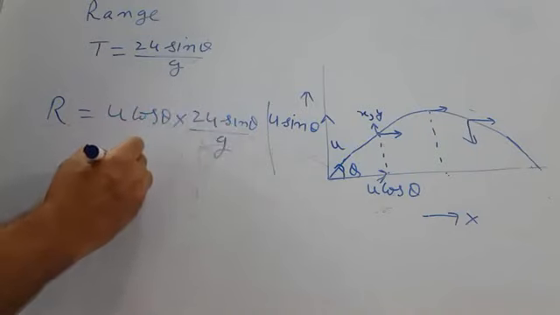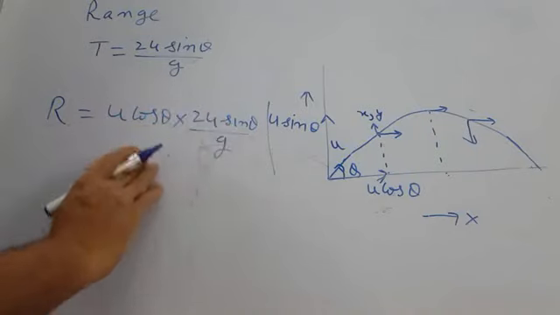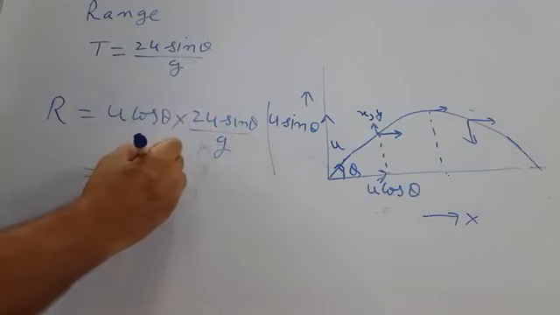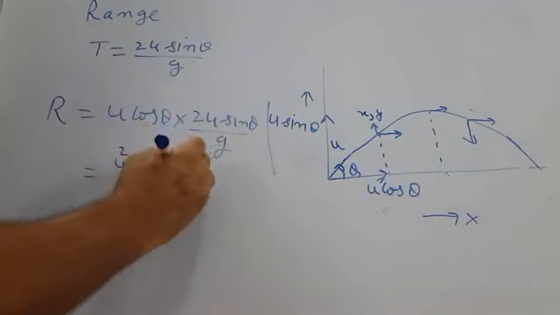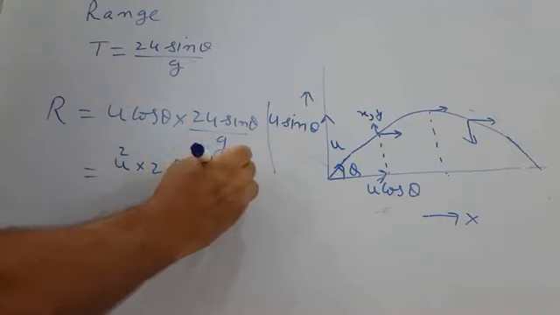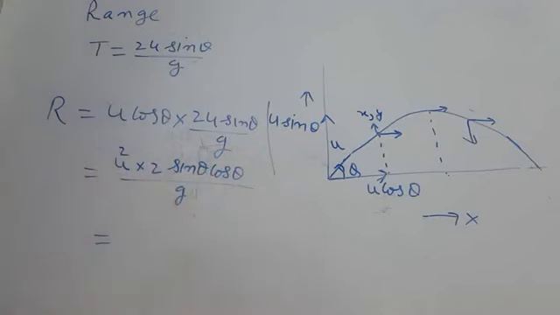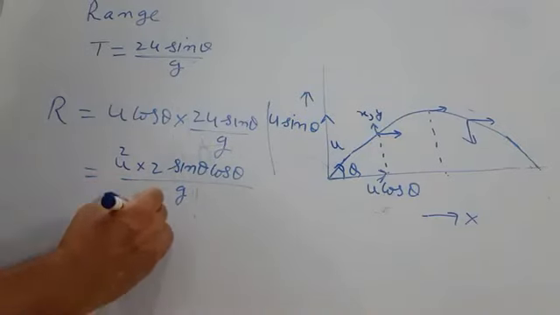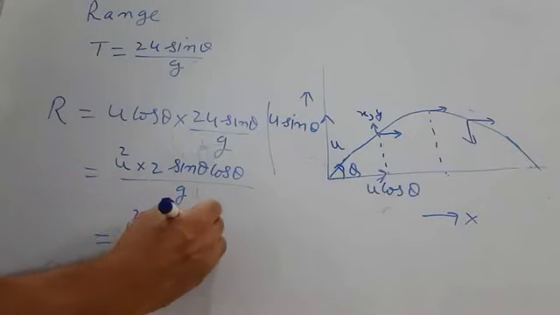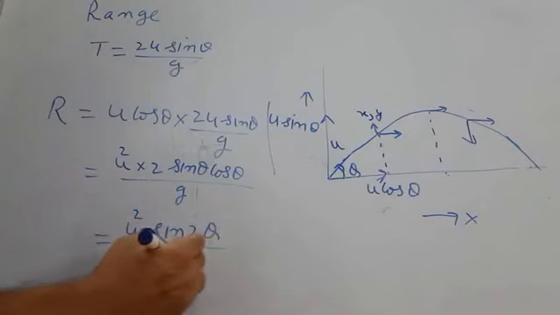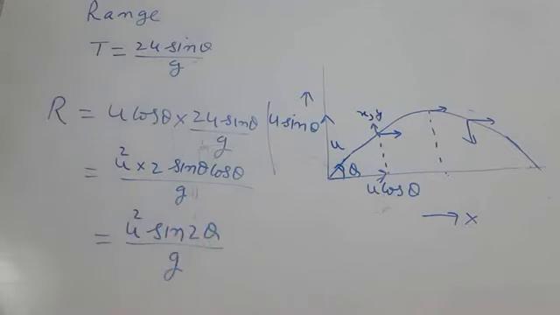So it becomes u square into 2 sine theta cos theta upon g. 2 sine theta cos theta is equal to sine 2 theta, a trigonometrical identity. So u square sine 2 theta upon g will be the horizontal range.